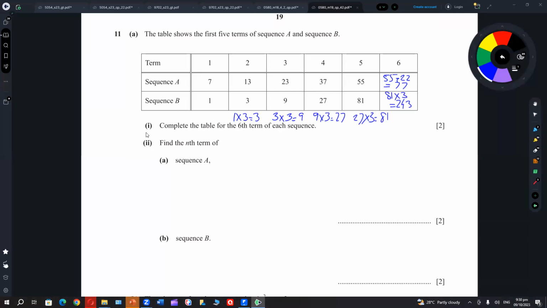Okay. Then he says, find the nth term of the sequence. What's the meaning of nth term? Nth term is like a formula.